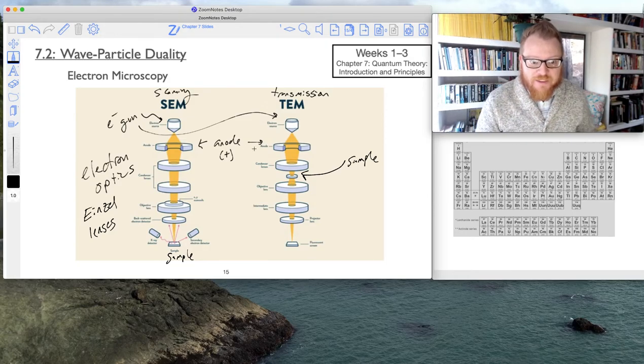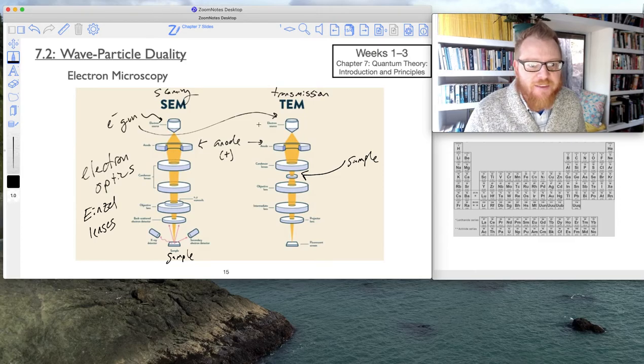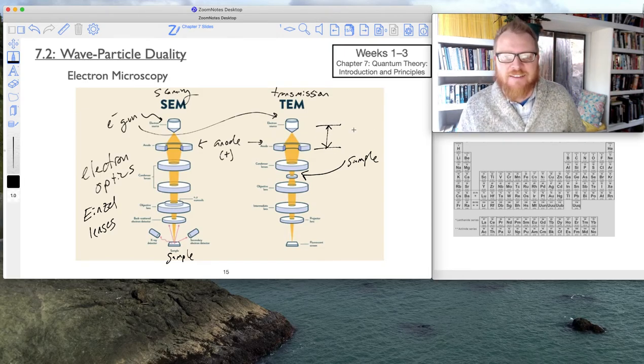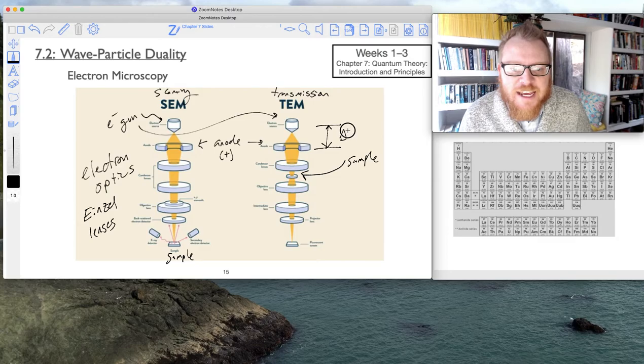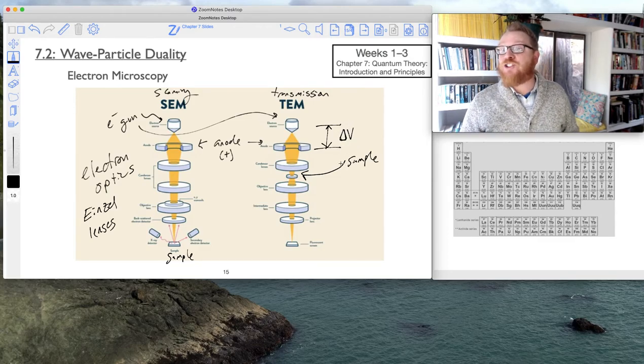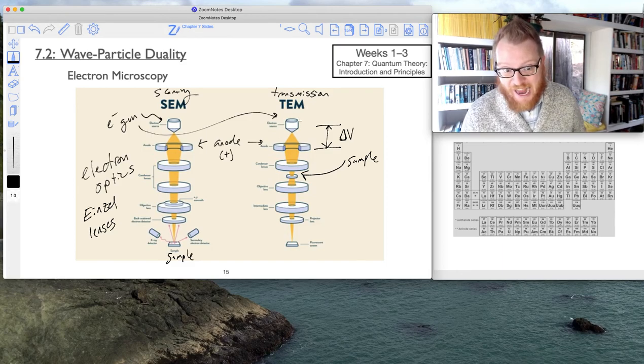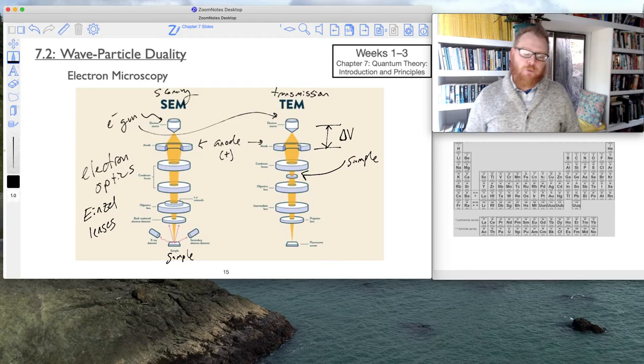Now what I want to walk you through: there is a potential difference in the SEM and the TEM, and I'm just going to write it as delta V for voltage. There will be a potential voltage difference between the anode and the electron gun. That allows the electrons to accelerate through.